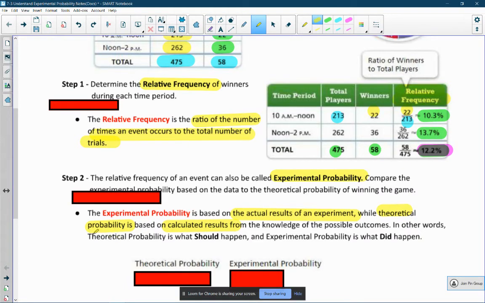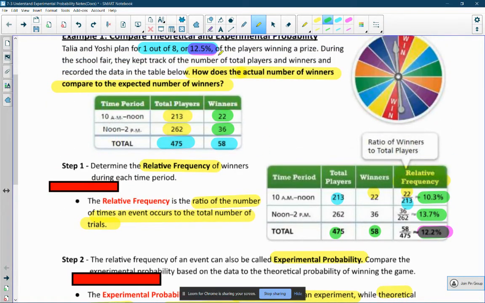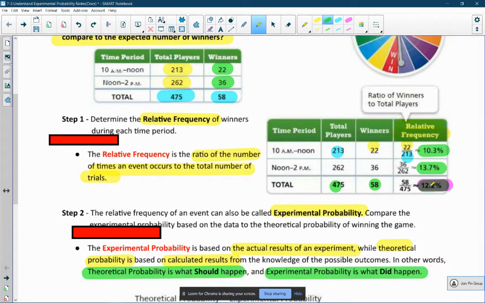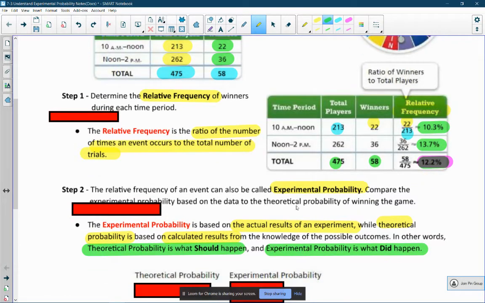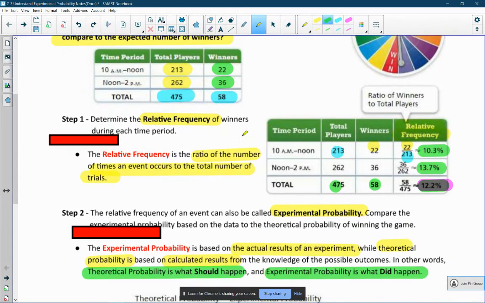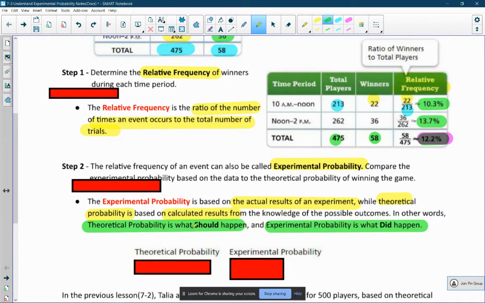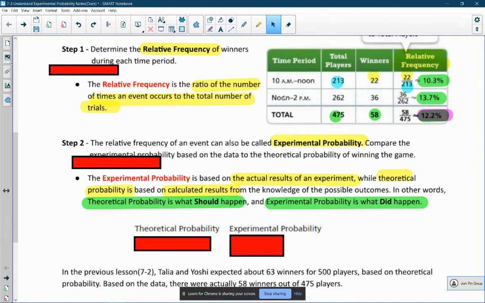In other words, theoretical probability is what should happen, and experimental probability is what did happen, right? In this spinner, they expected 12.5% of winners. That's what should have happened, but is that what did happen? No, right? They expected 12.5%, but what did happen? 12.2, right? Theoretical probability is what should happen. Experimental is what did. So we're going to put those right next together here.